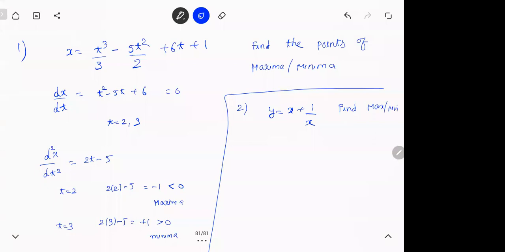Y is x plus 1 by x. Find maximum and minimum.